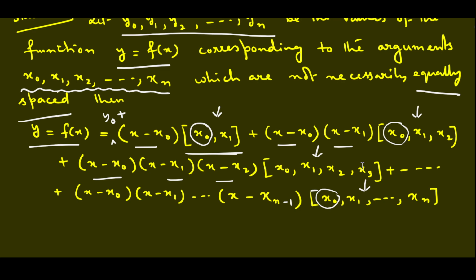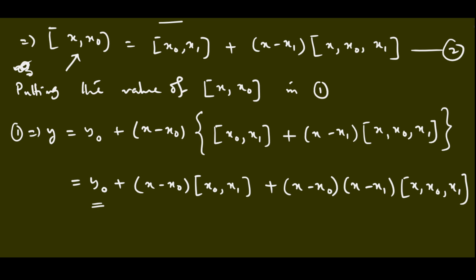Then the second term is x minus x naught into the first difference x naught x1. So you already got these first two terms. Then we have the 2 factor. For the 2 factor, we have the second difference, but in the formula x is not there. It should be x naught x1 and x2.